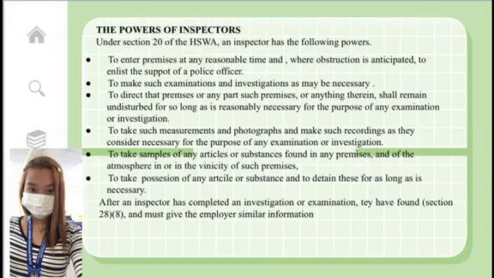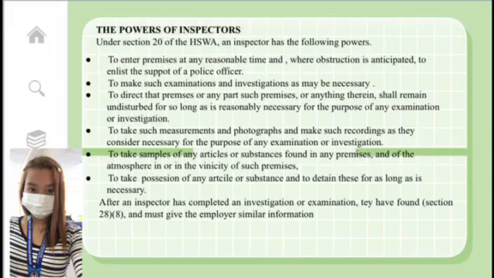Fourth, to make such measurements and photographs and make such recordings as they consider necessary for the purpose of any examination or investigation. Fifth, to take samples of any articles or substances found in any premises and of the atmosphere in the vicinity of such premises.